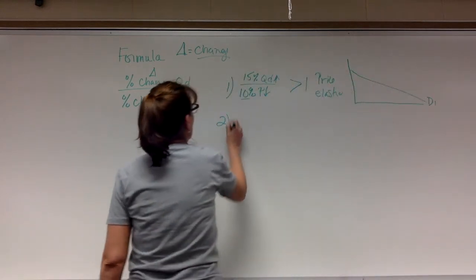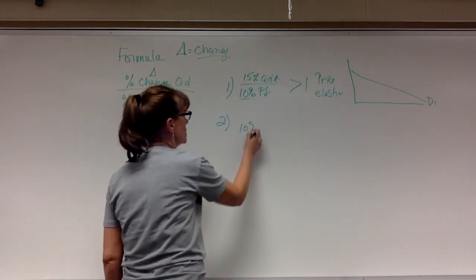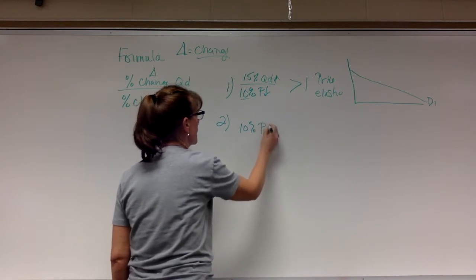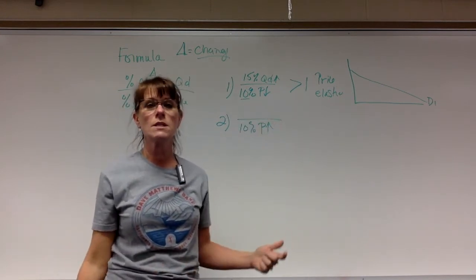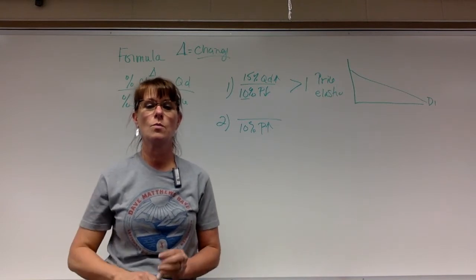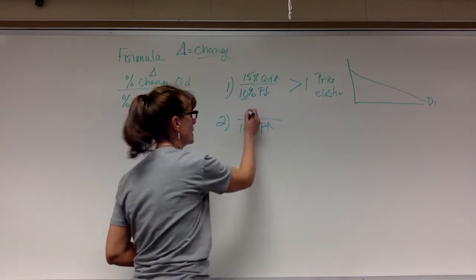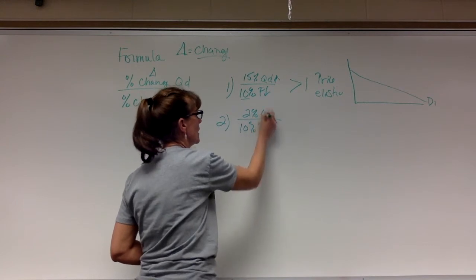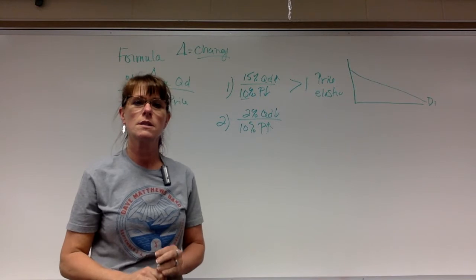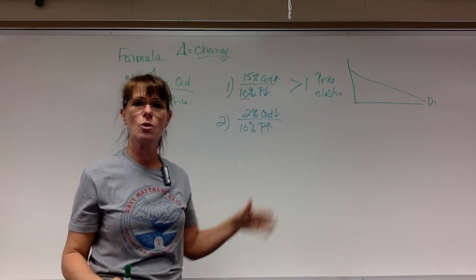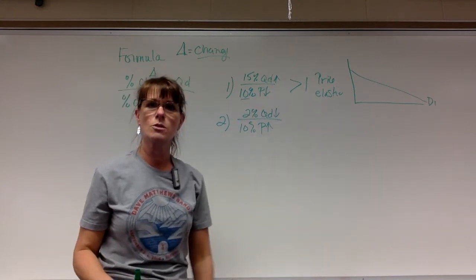So if we have a 10% change in price, and let's increase it this time. Sometimes they raise the price and we continue to buy it at almost the same rate that we did before. Might see a 1%, let's say 2% change in our quantity demanded since the price went up. We know that's going to go down. We're going to see the law of demand still hold true. We're still going to see the downward slope of the curve.